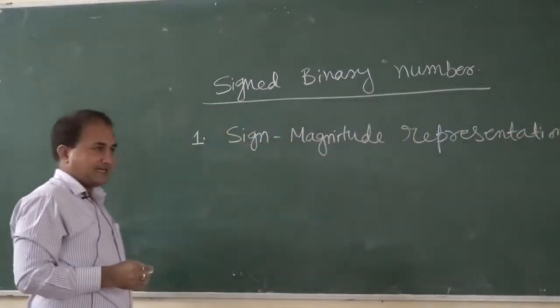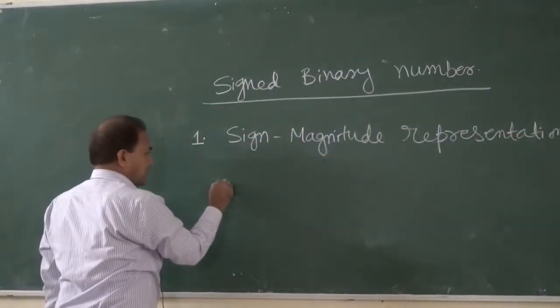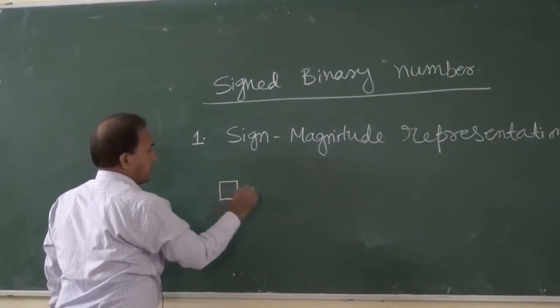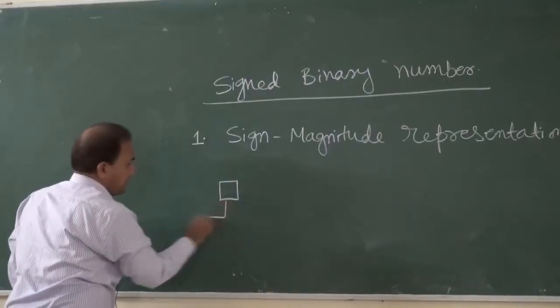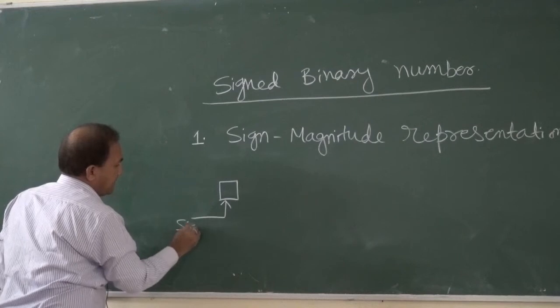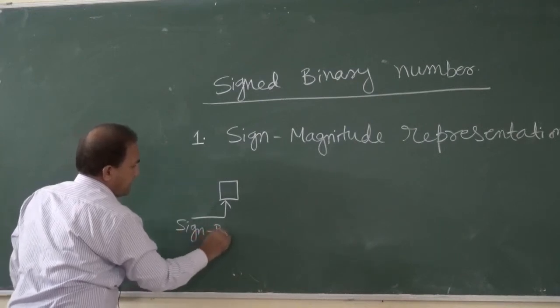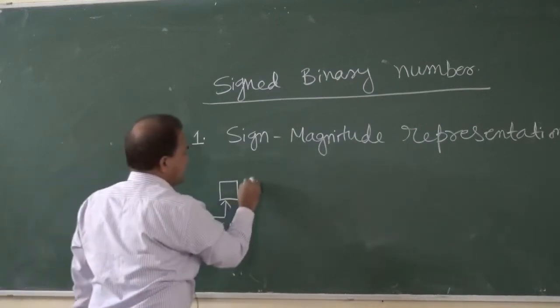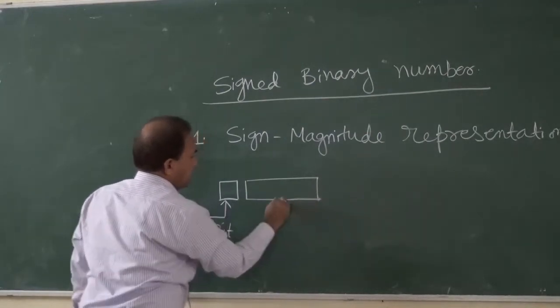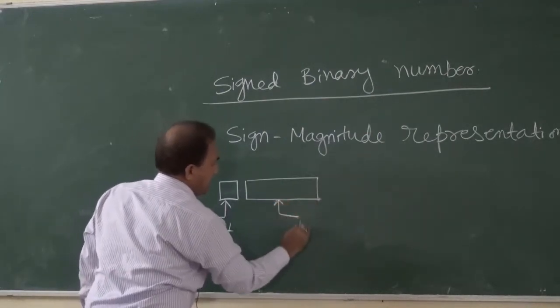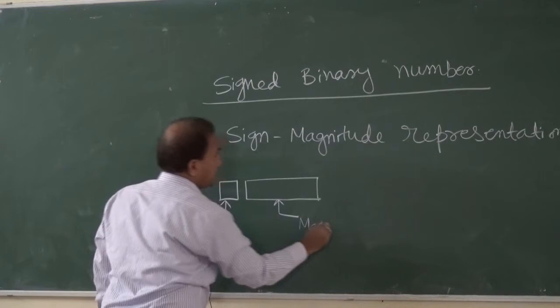In sign magnitude representation, the first bit is the sign bit and the other bits are magnitude.